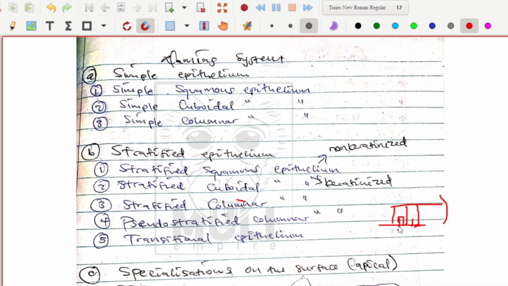But they come in from where? The basement membrane here. So this is one of the things you need to know. Then transitional, from the word transition, means that it's able to change from one type of epithelial to another. I will explain more in detail in my other videos.